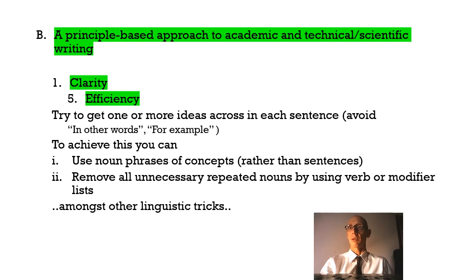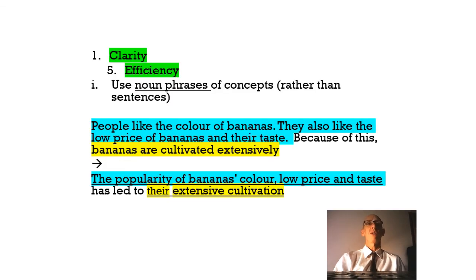People like the colour of bananas. They also like the low price of bananas and their taste. So what's happening here, we've got people repeated, but also we've got this liking. They like the colour, they like the price and their taste.